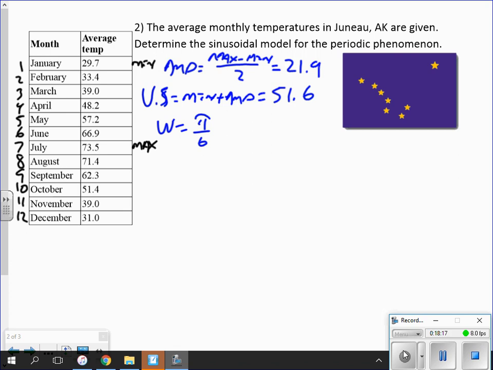This one, our maximum takes place at 7. So our phase shift for the cosine is 7, not 6, because it moves the maximum 7 places. Which means the phase shift for the sine, instead of being 3, is now 4.